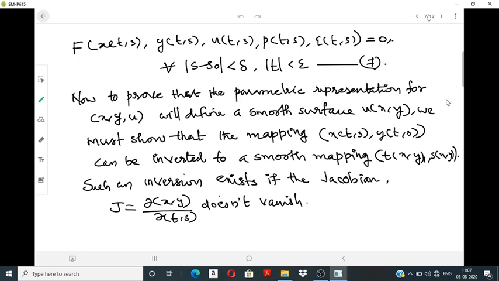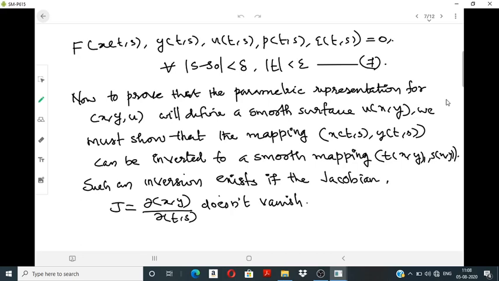Such a parameterization is possible if and only if the Jacobian does not vanish. That means in order to prove that the parametric representation for x, y, u will define a smooth surface u of x,y, we must show that the mapping x and y in terms of t,s can be inverted to a smooth mapping, so that t and s are expressed in terms of x, y.